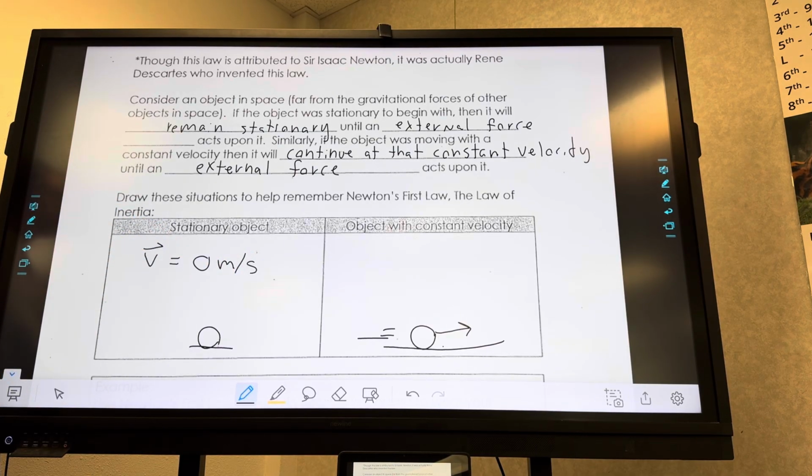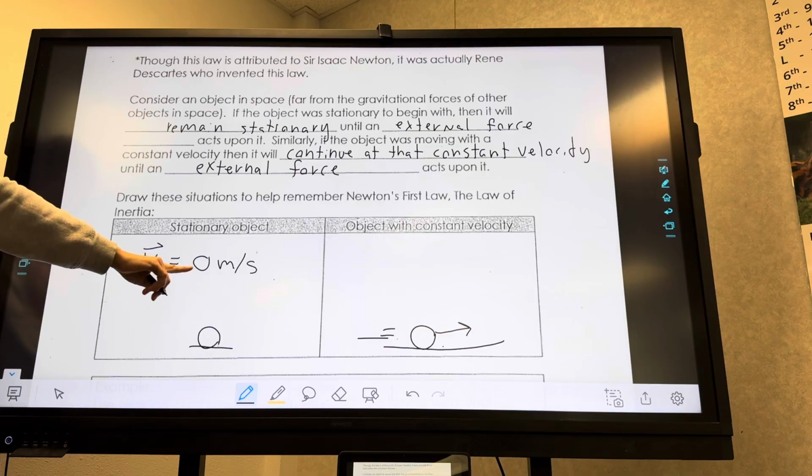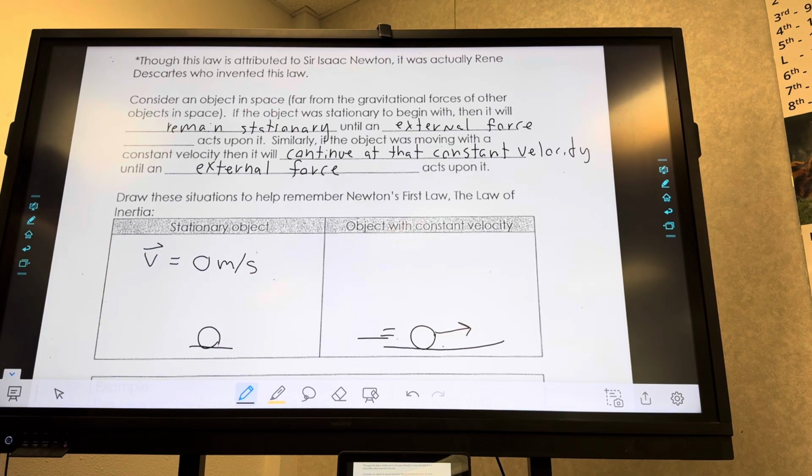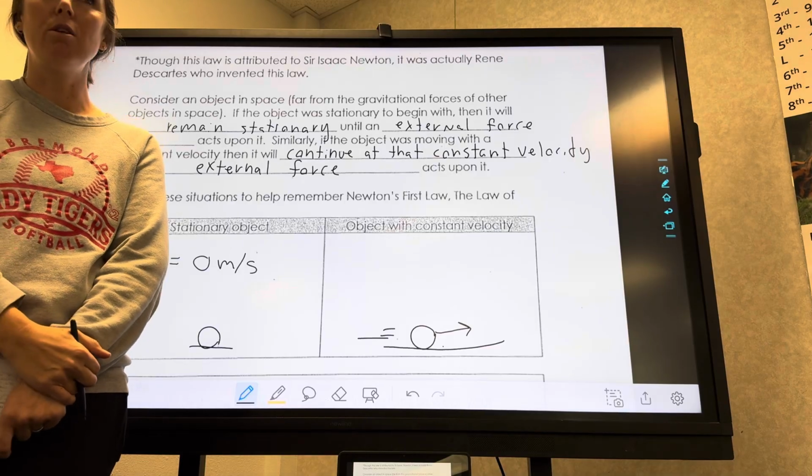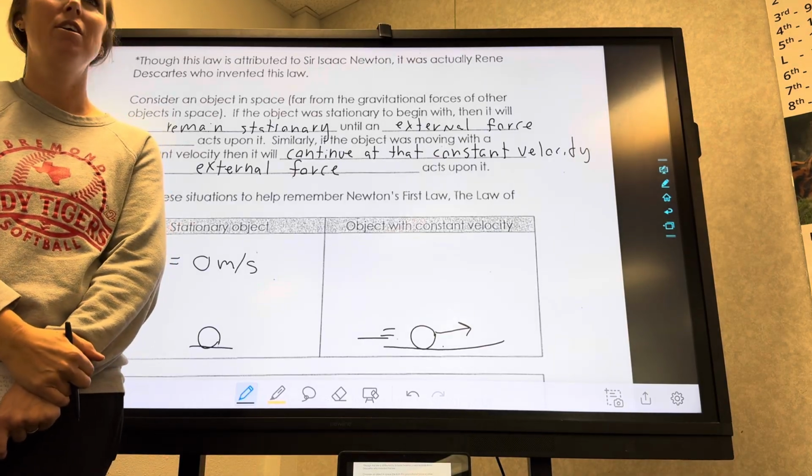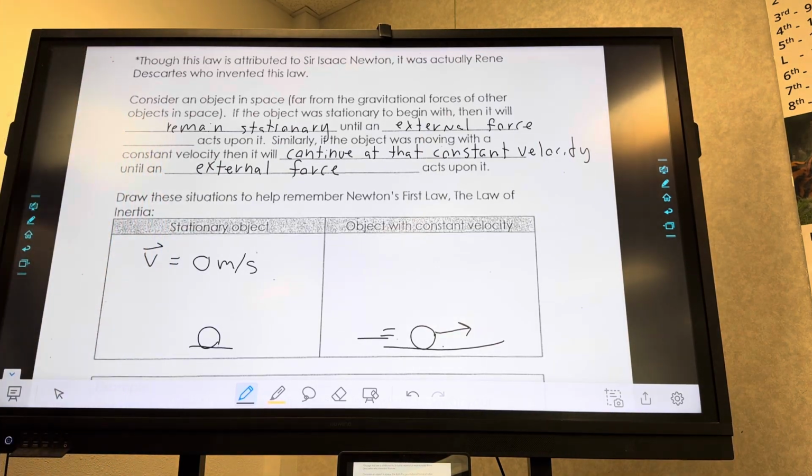Why do we not include direction for this one? What is the only time we don't need direction? When it's 0. Okay, if you're telling somebody not to move, can you tell them a direction not to move in? No, but normally it will always need a direction.